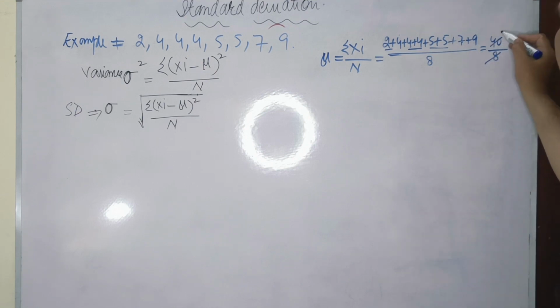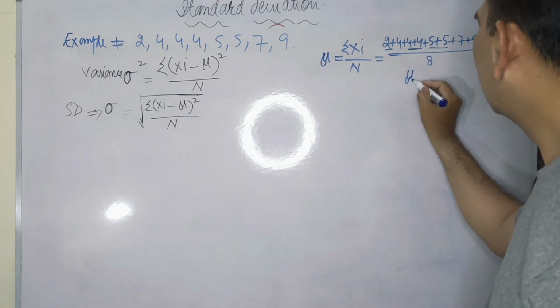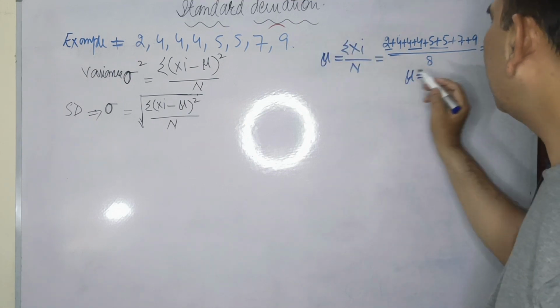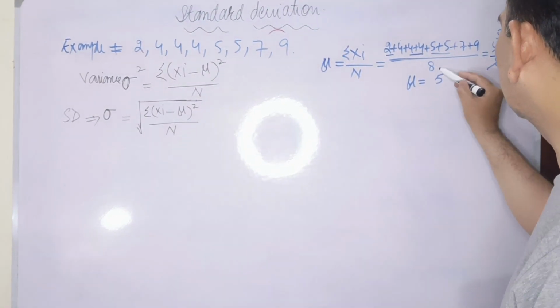Then we divide 40 by 8. The mean of that population is 5.